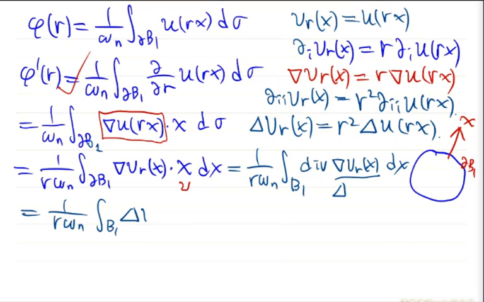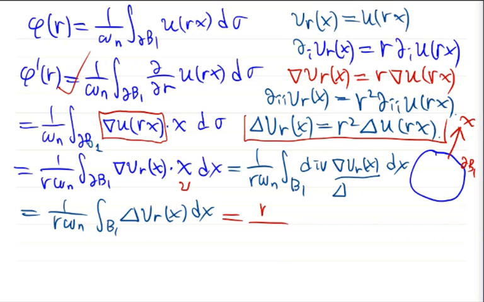So the Laplacian of Vr(x) dx. But the Laplacian of Vr(x) is r squared times the Laplacian of u(rx). Using this equation, we can write r squared over r omega n, integral over B1, Laplacian of u evaluated at rx, then dx.